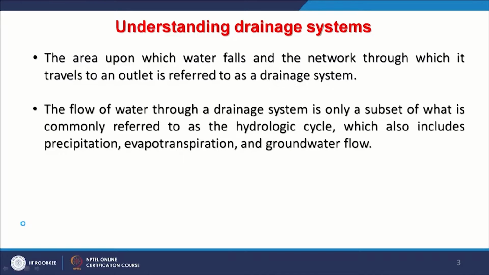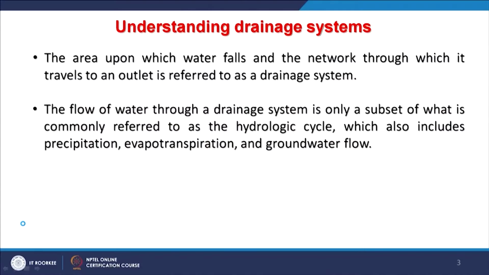So, flow of water through a drainage system is only a subset of what is commonly referred to as the hydrologic cycle, because the hydrologic cycle is big. Even the water which goes through evapotranspiration into the atmosphere condenses, rain or precipitation occurs, and then again it flows.